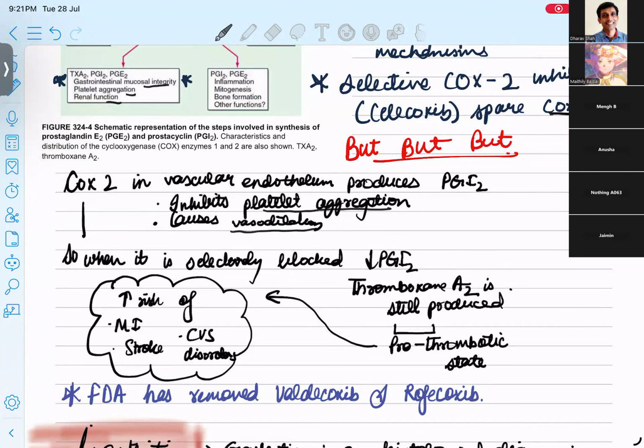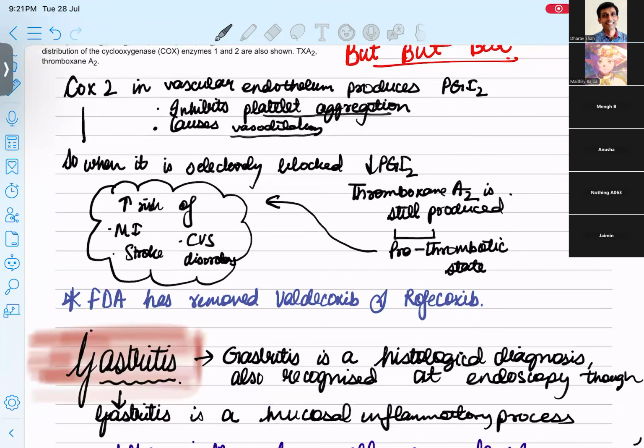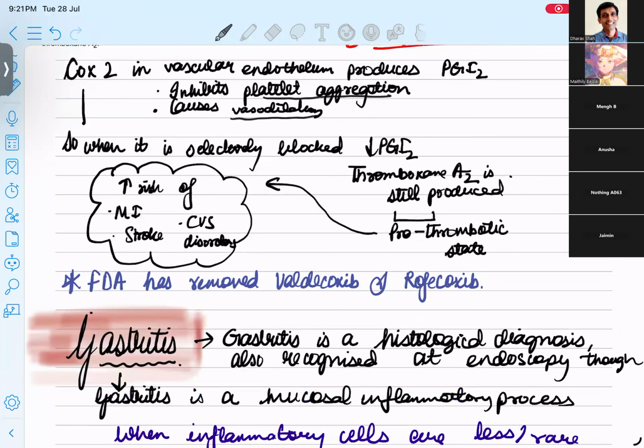COX2 inhibits the platelet aggregation, और COX1 causes the platelet aggregation. तो अब thromboxane A2 भी produce हो रहा है and PGI2 भी decrease हो गया है, which is causing prothrombotic state in the body, and it increases the risk of myocardial infarction, stroke, and other serious disorders.